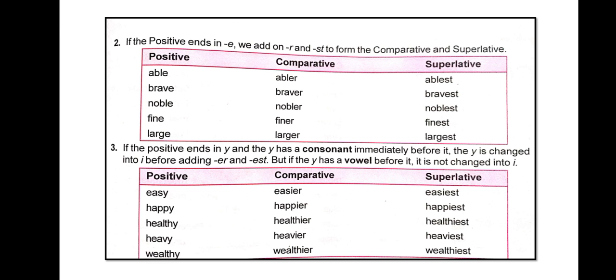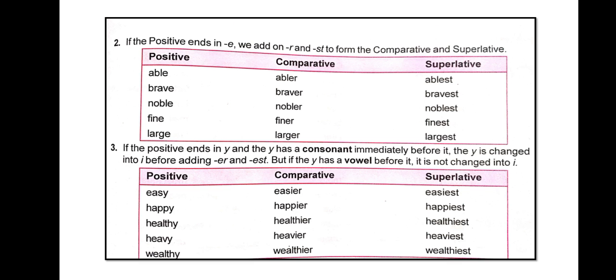But if there is a vowel before Y, we don't have to change it, it is not changed into I. So here we have examples: easy, easier, easiest; happy, happier, happiest; healthy, healthier, healthiest; heavy, heavier, heaviest; wealthy, wealthier, wealthiest.